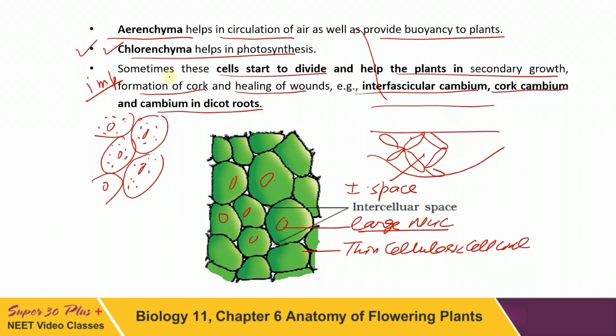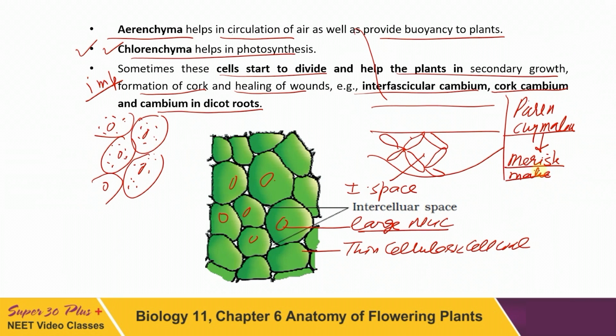You see this point, very important, as I told you: permanent tissues have lost the capacity of division. Usually they do not divide. But there are some examples where parenchymatous cells regain the capacity of division. They start division and become meristematic.